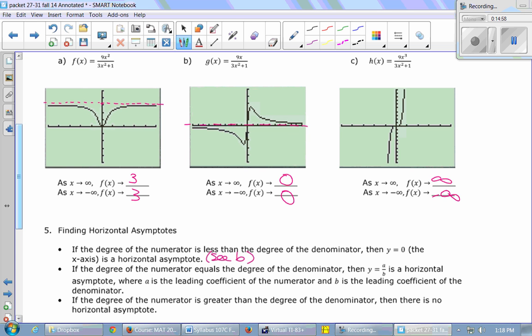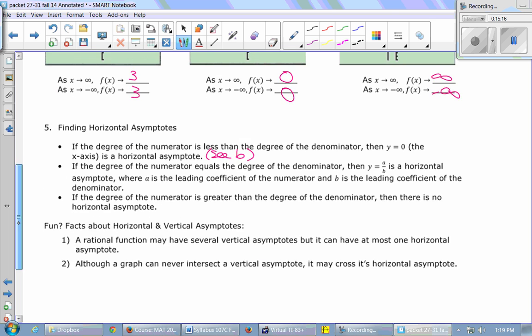And b is the leading coefficient of the denominator, which in part A is a 3. So according to this rule, I should have a horizontal asymptote at y equals 9 over 3 or y equals 3, which is where we saw it. So this one is part A. It's just the ratio of leading coefficients.